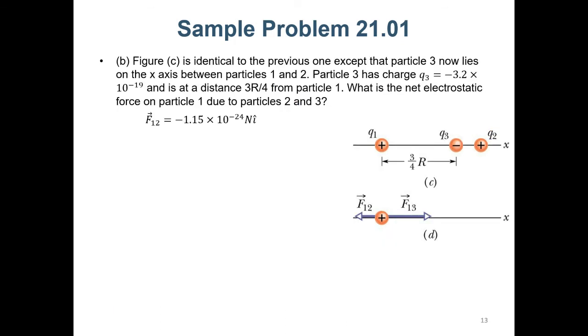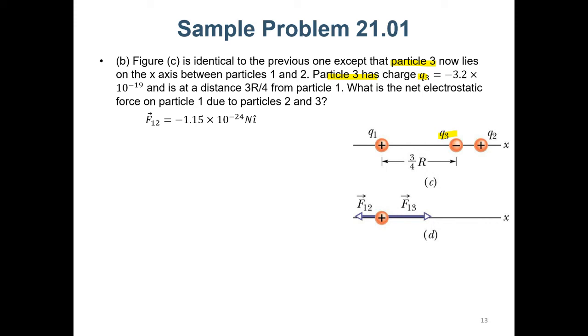Yeah. So for the next case, figure C is identical to the previous one, except particle 3 is now lying on the x-axis between particle 1 and 2. Particle 3 here has a charge Q3 equals blah blah blah.